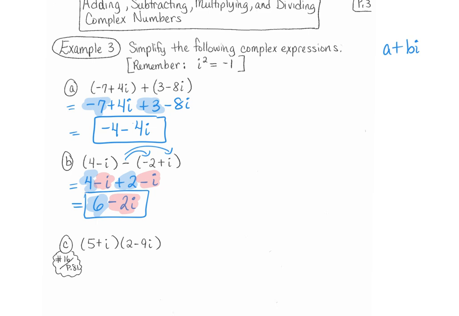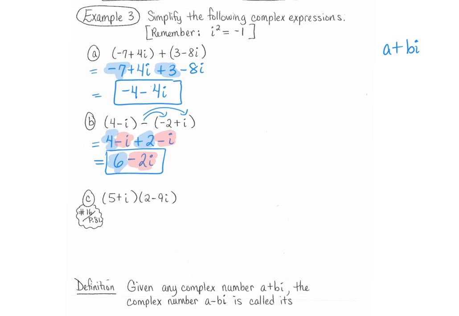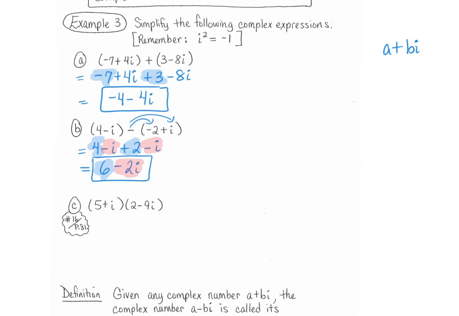Now in C, you can do what? Multiply. Using what method here? Foil method, yes, because you have a binomial times a binomial. So we're going to use the FOIL method.